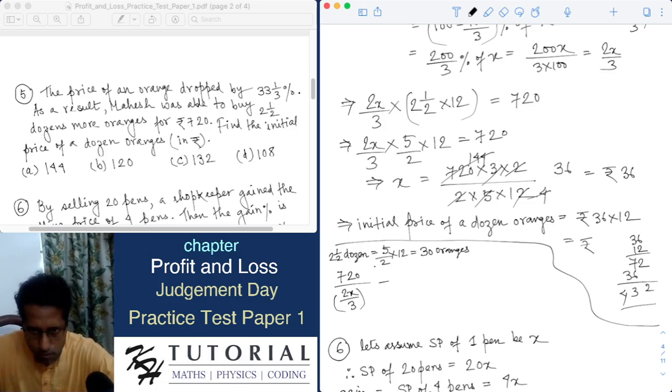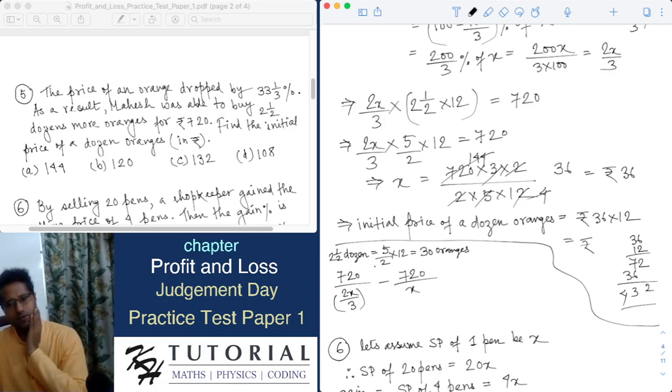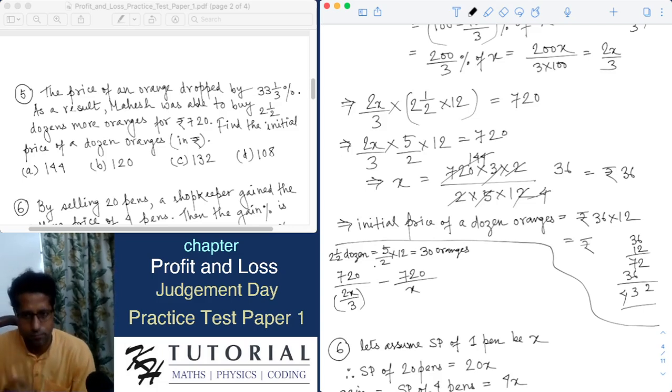This should be more, so minus 720 divided by x. 720 divided by x is the number of oranges Mahesh could purchase based on the initial price for rupees 720. This is equal to 30.